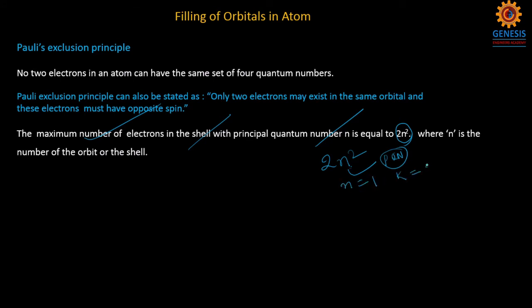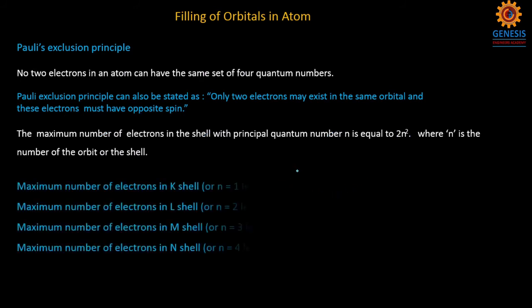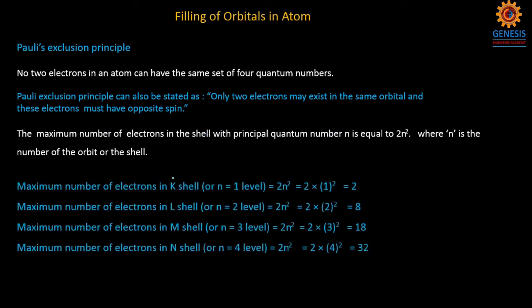If n is equal to 2, 2n square is 8, and this is the L shell. If n is equal to 3, that is 2 times 9, 18, and this is the M shell. That also has to be known to you. So the maximum number of electrons in the K shell, n equal to 1, is 2; n equal to 2, 8; n equal to 3, 18; and n equal to 4, it is 32.